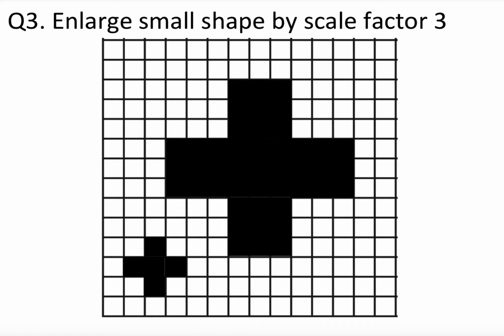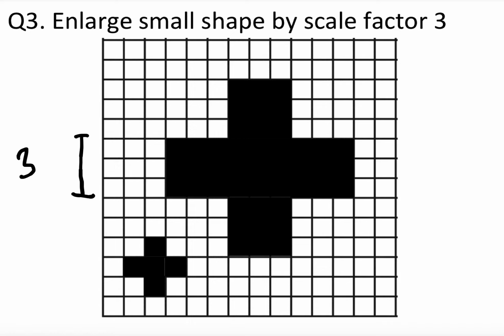So you're just enlarging everything by the value of 3. On the big cross, you'll see that the size of everything on each arm is increased by 3. From there to there is 3.